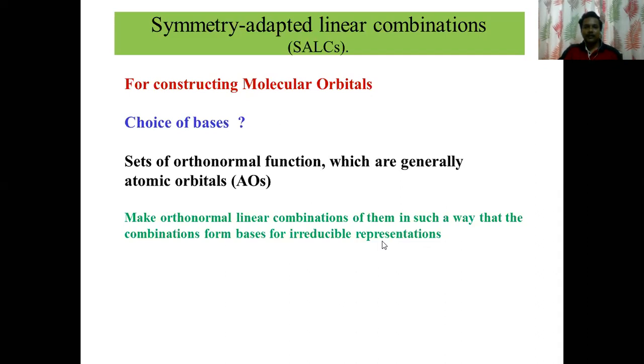That means the representations, like let's say if we take the water molecule, then C2V, I am having 4 irreducible representations, right? So in C2V, I am having A1, then A2, right? Then B1 and B2.